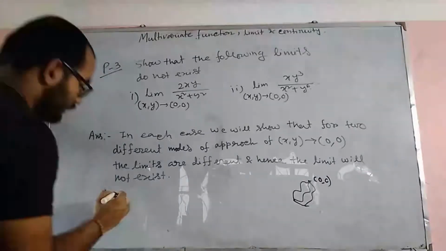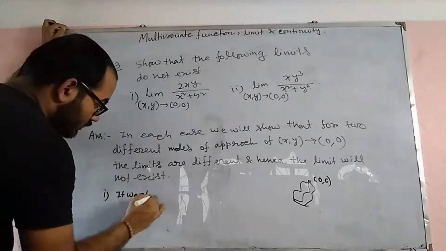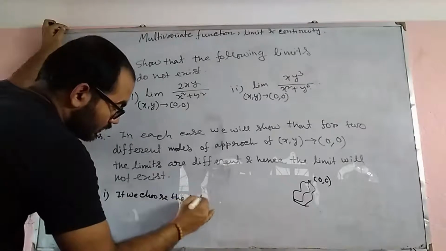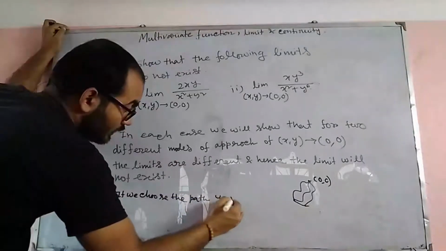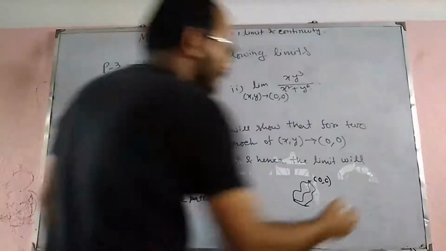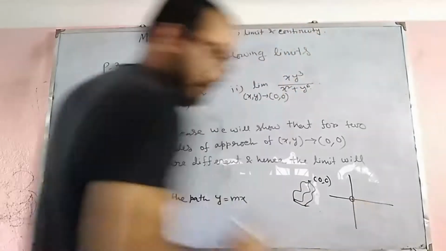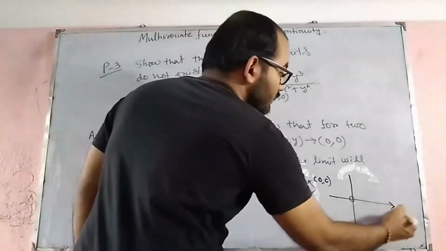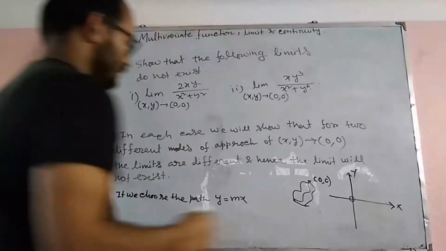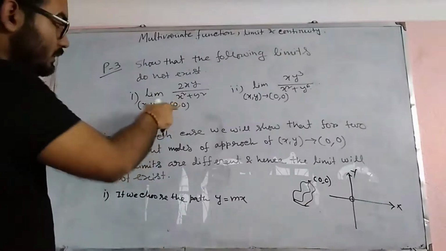Okay, so our problem 1 is, see, if we choose the path y equal to mx. What is y equal to mx? See, this is our origin. This is the x-axis. This is the y-axis. And this is our origin because we have to estimate the limit at the origin.